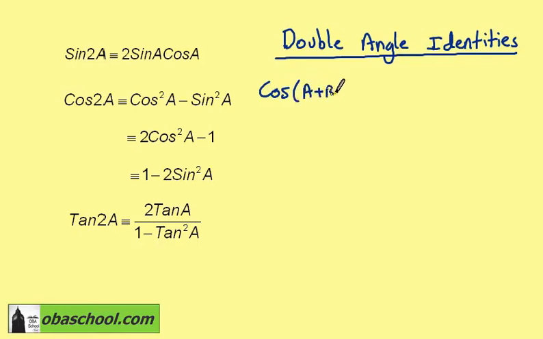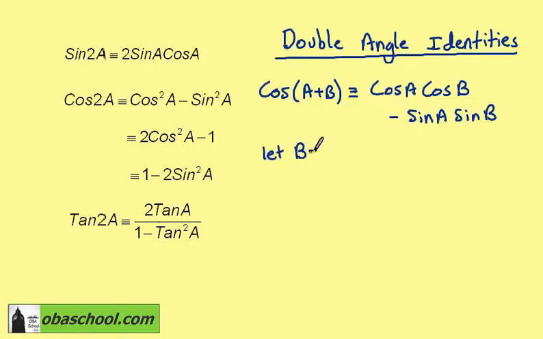Cos a plus b, we know, is cos a times cos b minus sine a times sine b. This is one of our compound angle formulae.